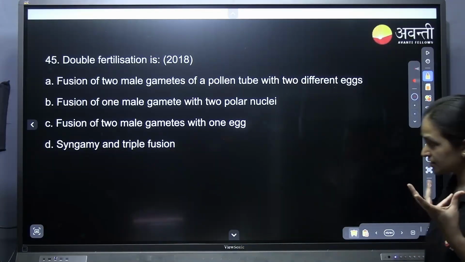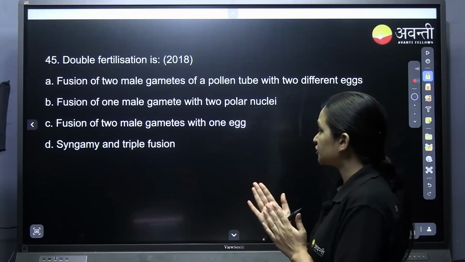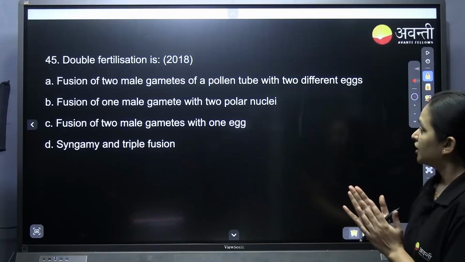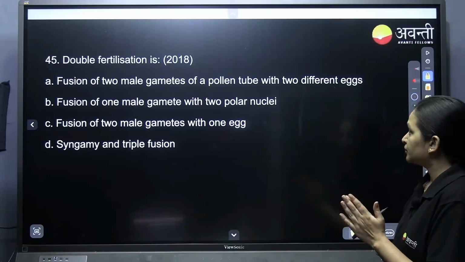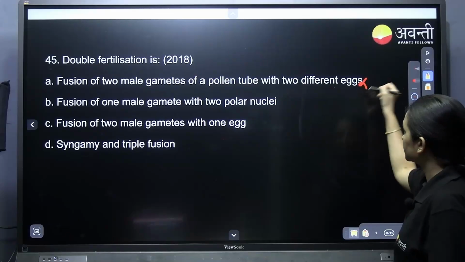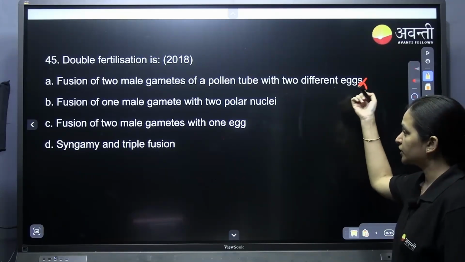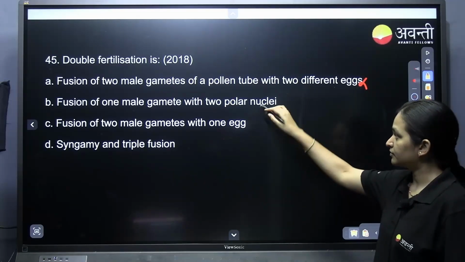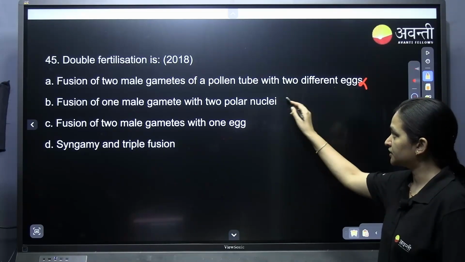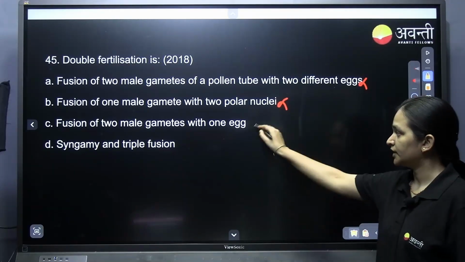Double fertilization is, it's a good question. The fertilization of two male gametes of a pollen tube with two different eggs. Fusion of one male gamete with two polar nuclei. True, but what does the another male gamete do? It doesn't tell that. Fusion of two male gametes with one egg cannot be done.